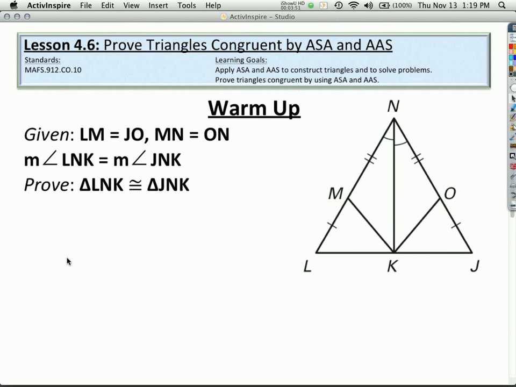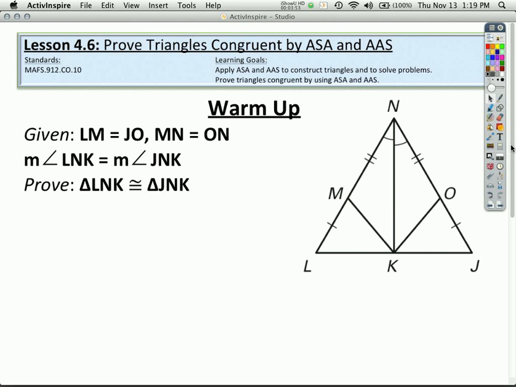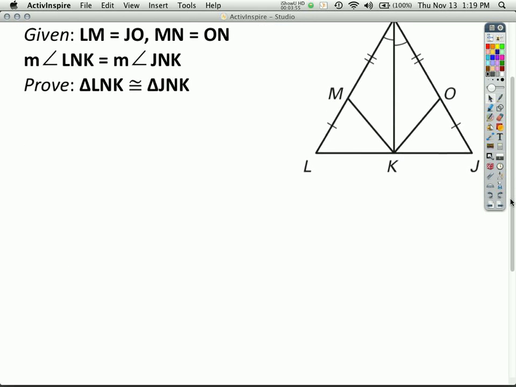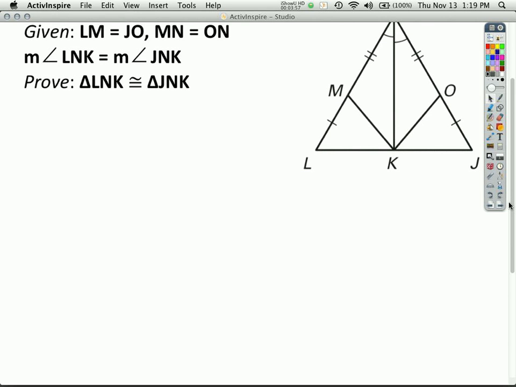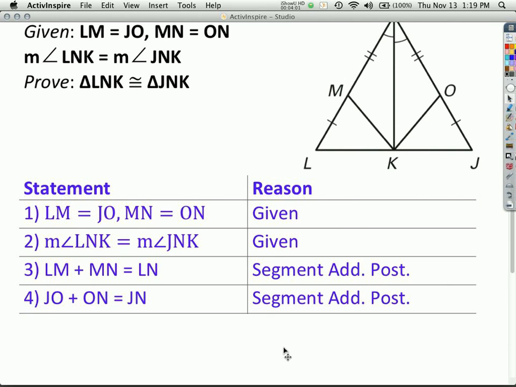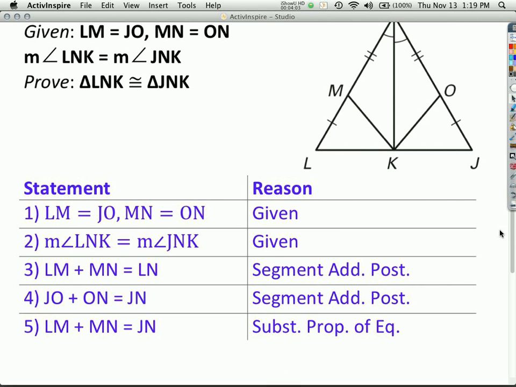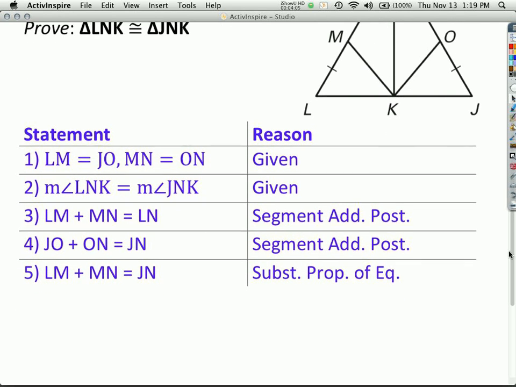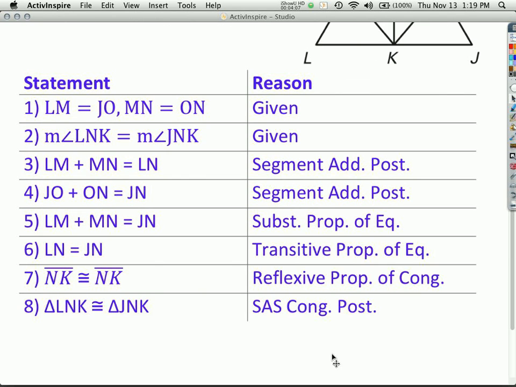All right, so I'm going to reveal my proof. And then don't mark yours right or wrong. Just compare, digest for a few moments, and then we'll talk about some critical pieces that had to be there. So I took 8 steps.